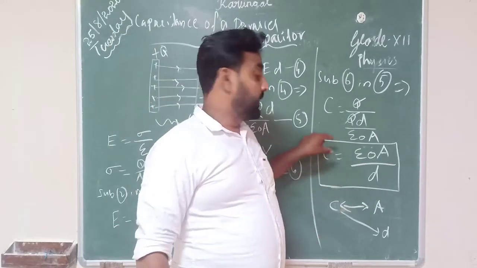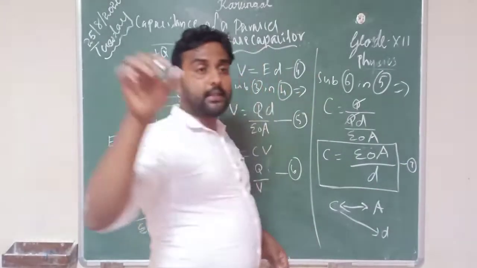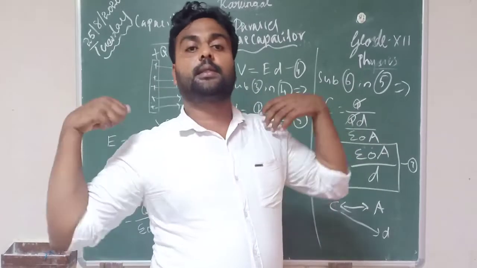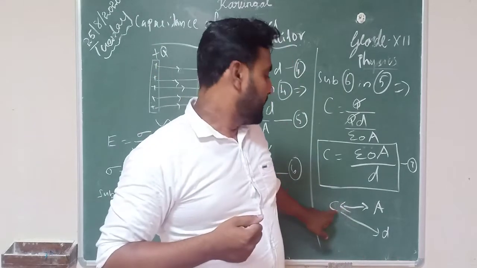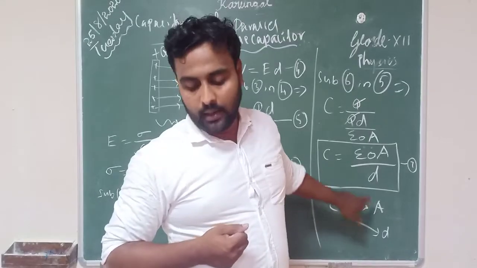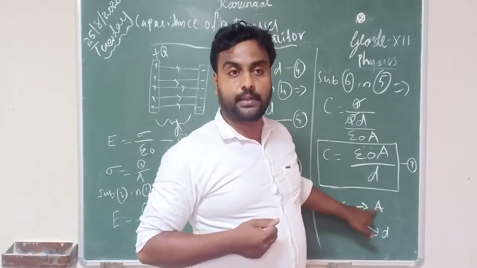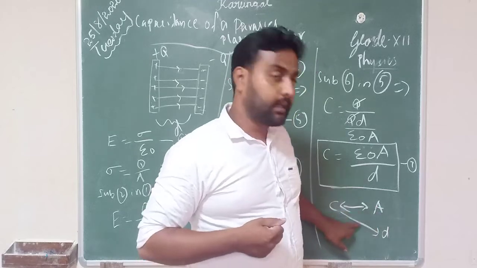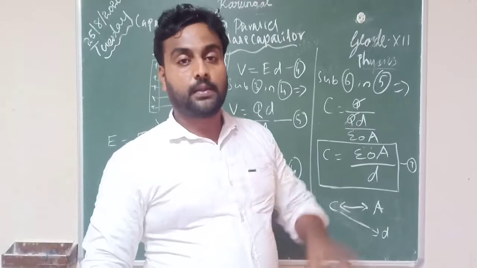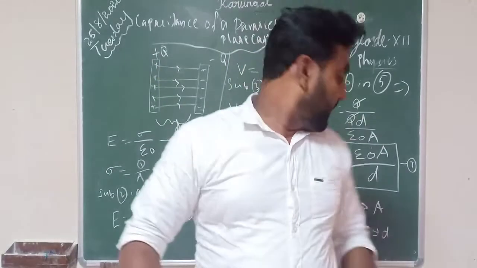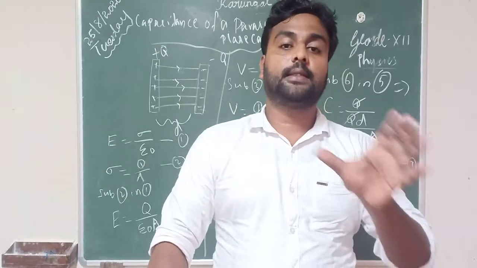This equation you can keep as 7. What evidence is it giving? Capacitance is directly proportional to the area of cross section and inversely proportional to the distance between them.